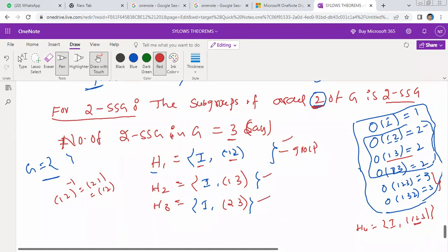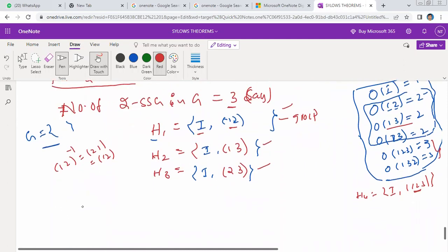How many 2 Sylow subgroups are there? What is the number of 2 Sylow subgroups of S3? Three?